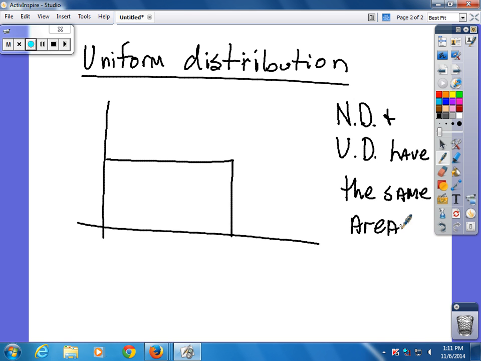Now, why is it 1.00? Because the highest you can get on the probability scale is what? 1.000 or 1. So, no matter if you're given a normal distribution or a uniform distribution, the area of the figure is equal to what?